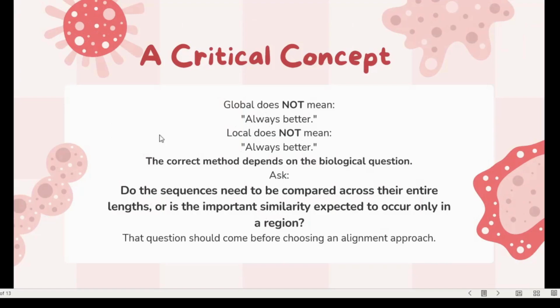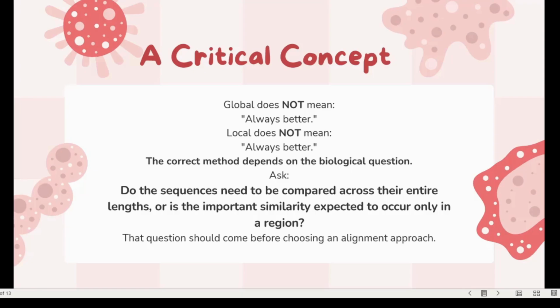A critical concept: global doesn't always mean better, and local doesn't always mean better. The correct method depends on the biological question. Firstly, we have to ask ourselves: do the sequences need to be compared across their entire lengths, or is the important similarity expected to occur only in a region?